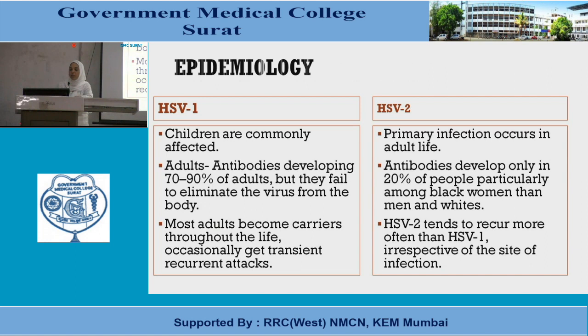While in HSV-2, antibodies develop in only 20% of people, especially seen more amongst black women than in men and whites. Most adults become carriers throughout life and occasionally get transient recurrent attacks, while HSV-2 tends to recur more often than HSV-1, irrespective of the site of infection.